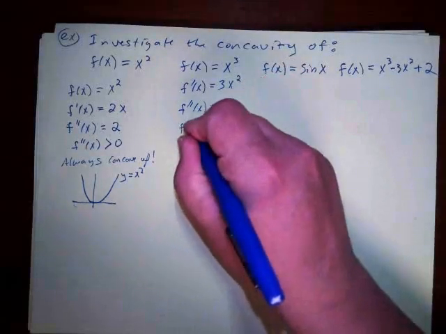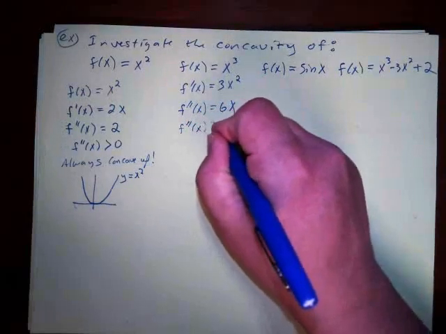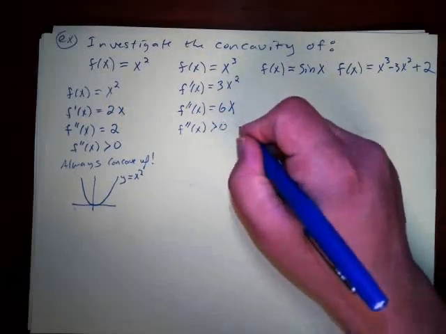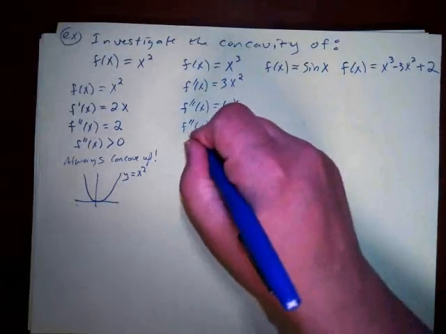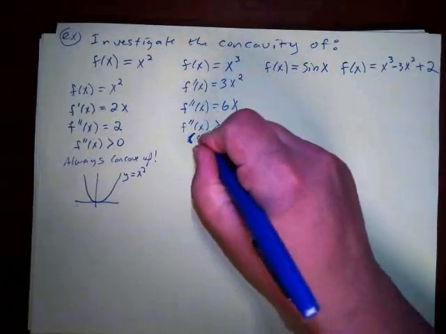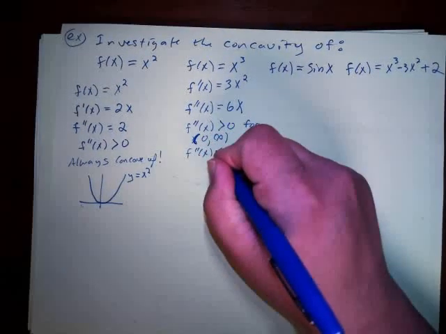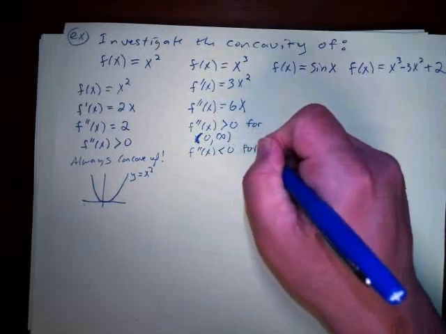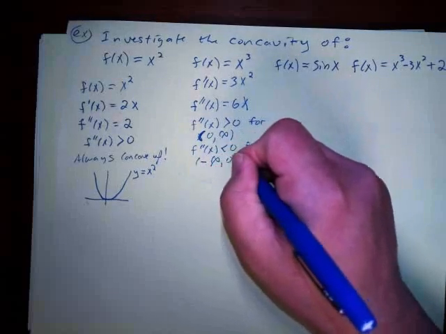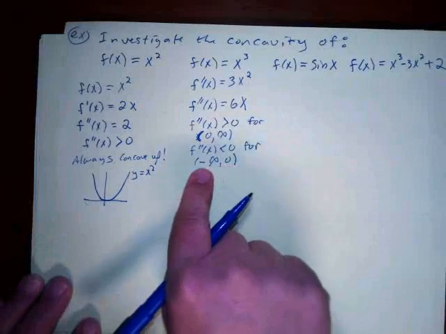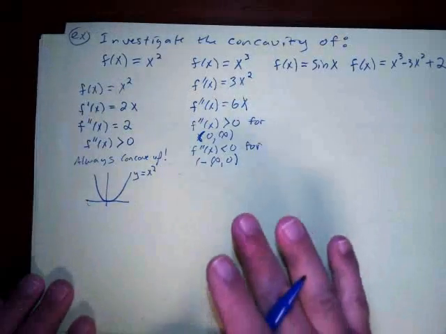Notice that f double prime of x is going to be greater than 0 for the interval 0 to infinity, and then f double prime of x is going to be less than 0 for negative infinity to 0. So what this is saying is for all the negative values, this is going to be concave down, and for all the positive values, it's going to be concave up.